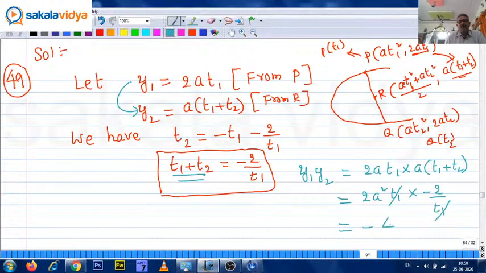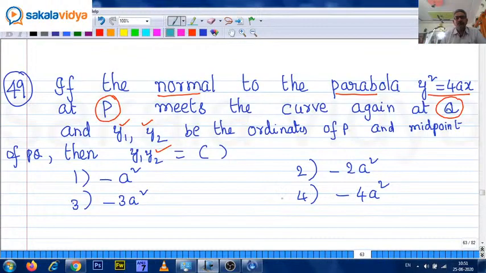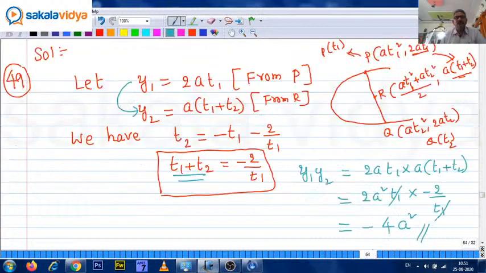We have minus 4a square as the answer. Fourth option is the right option. Now you can check the solution also. I will keep it for 2 minutes.